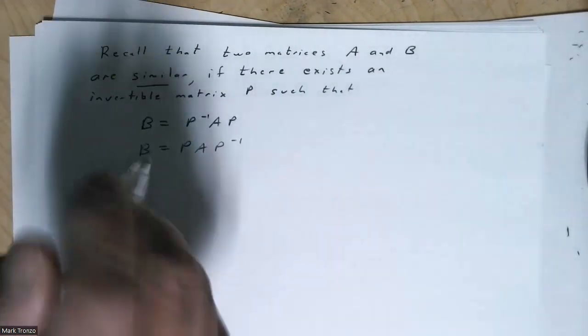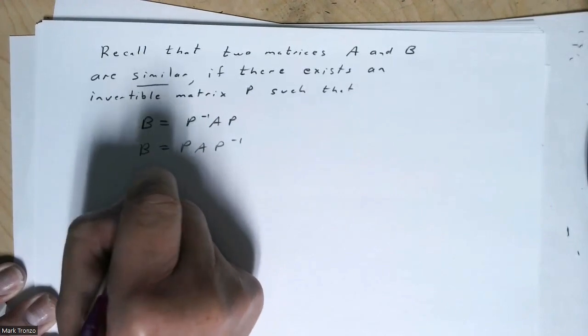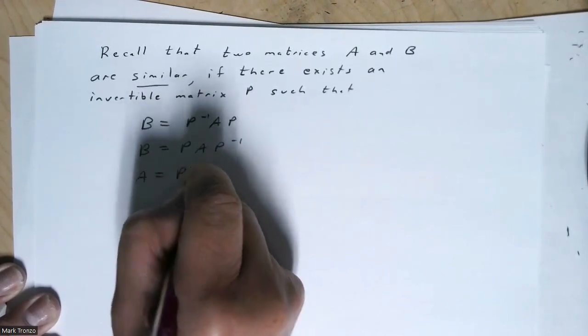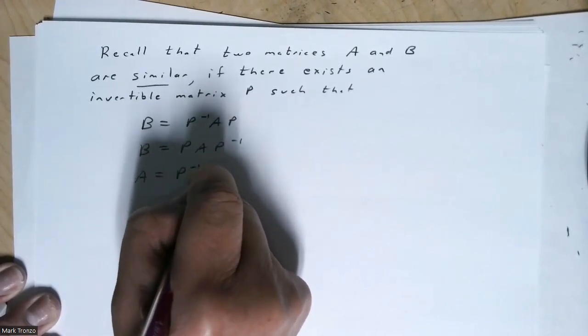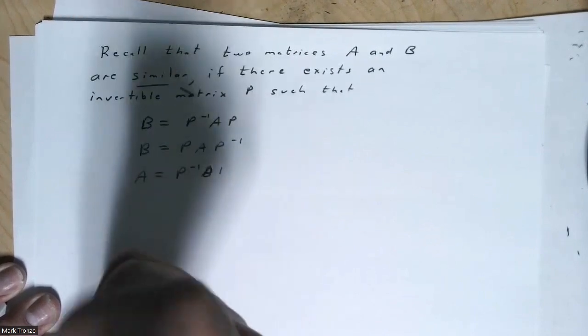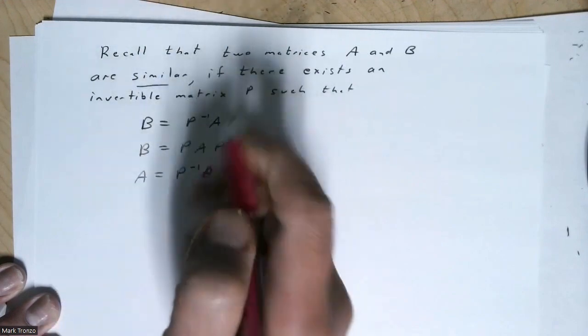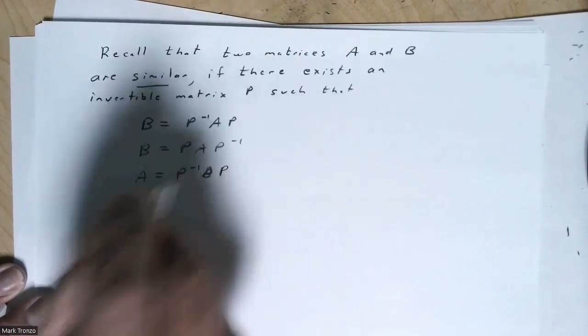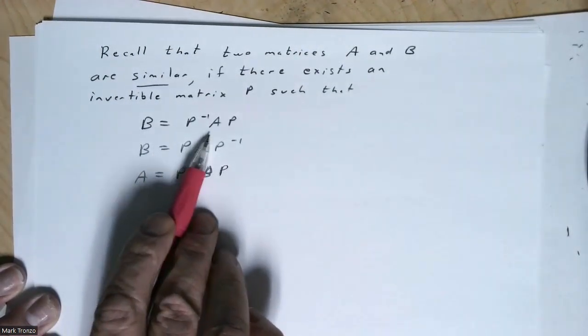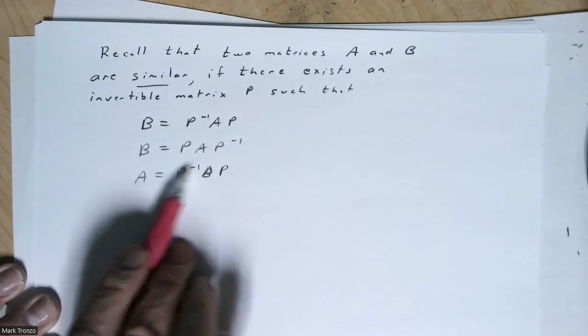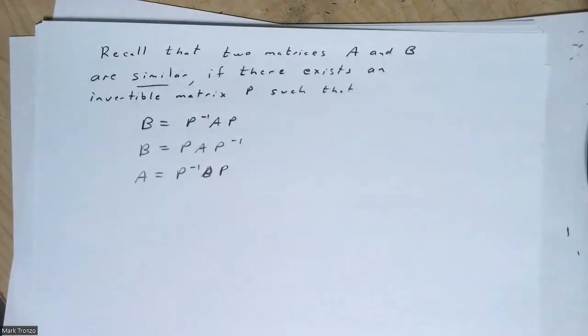Or again, you could have these on the other side. You could say A equals P inverse B P, etc. As long as there is a matrix P which obeys any one of these, you'll say that these are similar.